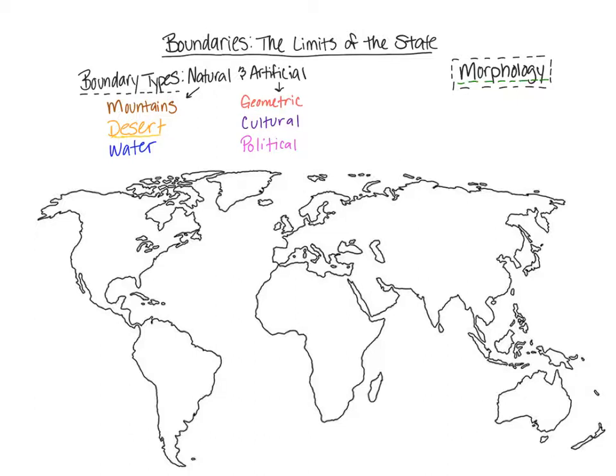So if we're looking at a natural boundary of a mountain region, what mountain range did we just draw on our sketch map? Everybody's taking their map quiz, right? Which mountain range separates two continents? The Ural Mountains, right? Let's draw it. I'm going to zoom in.